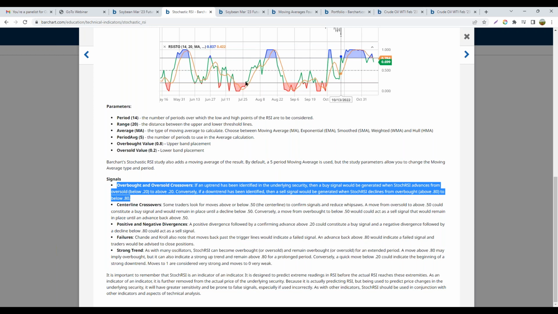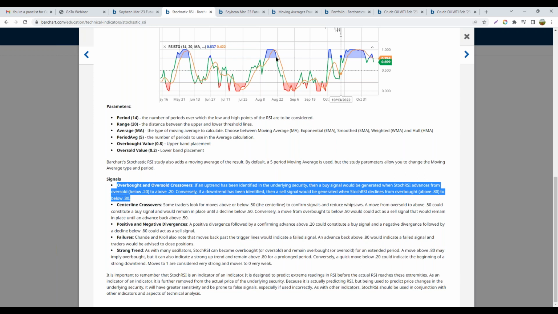So go from oversold to giving us a buy signal. And conversely, we'll look for an overbought above our 80, and then below to give us that sell signal.